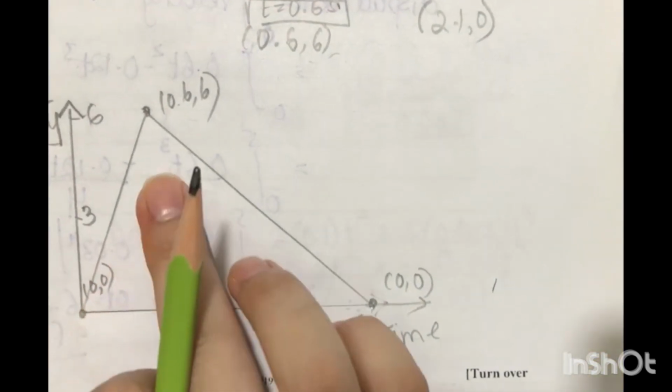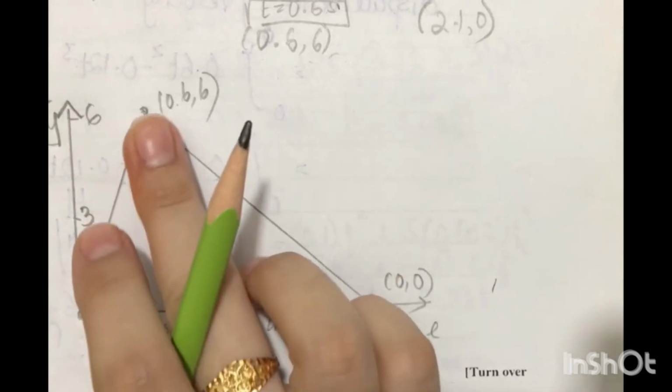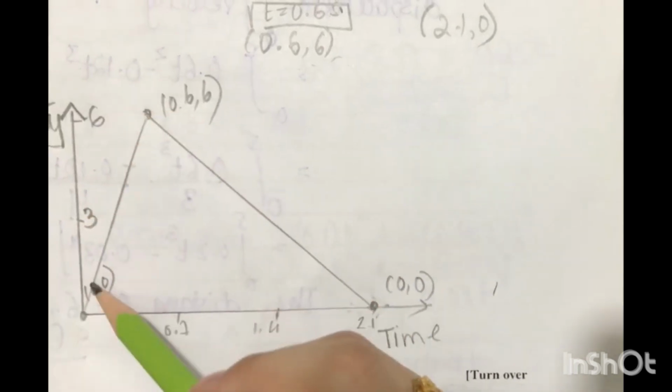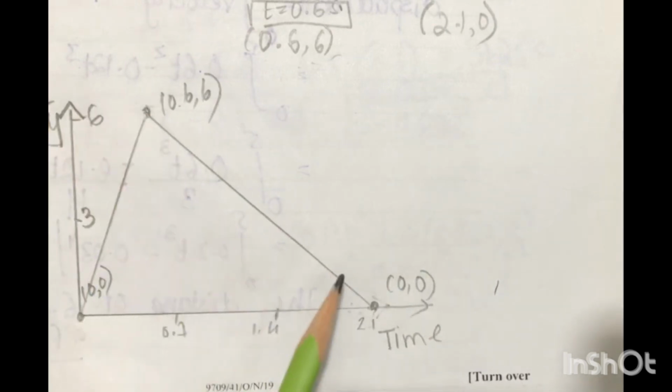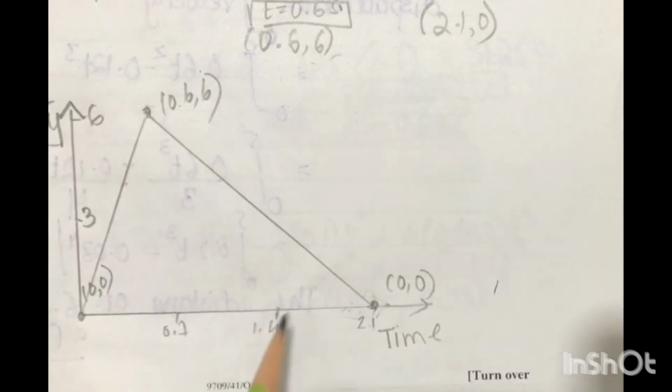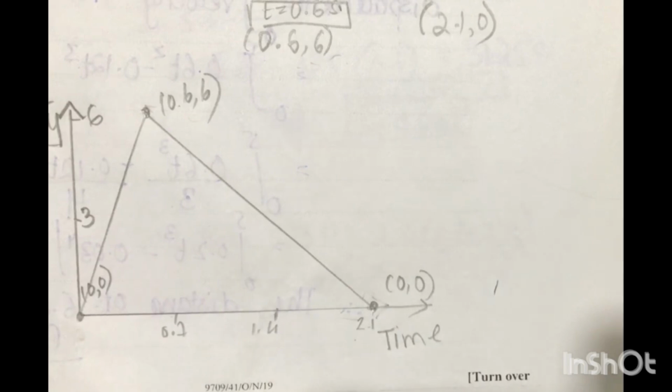These are two straight line segments. This point to this point is from release till the surface of the water, and this is from the surface of the water till it comes to rest in the tank of water.